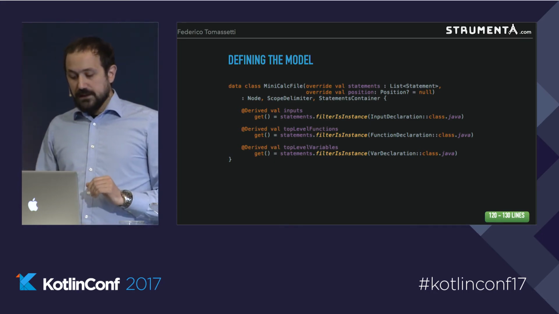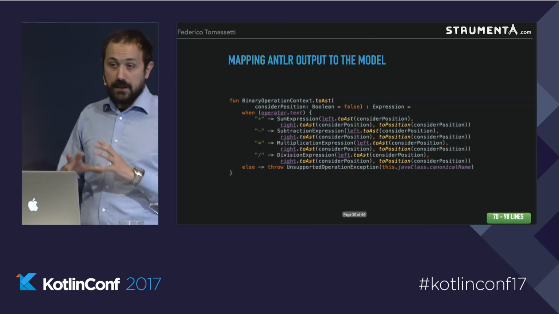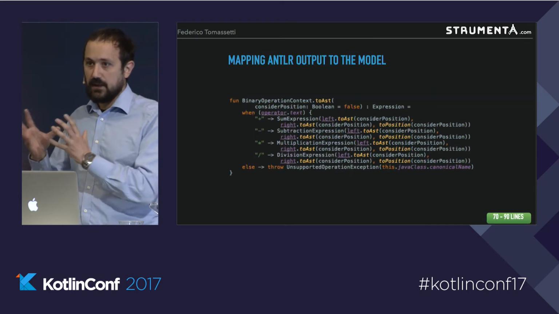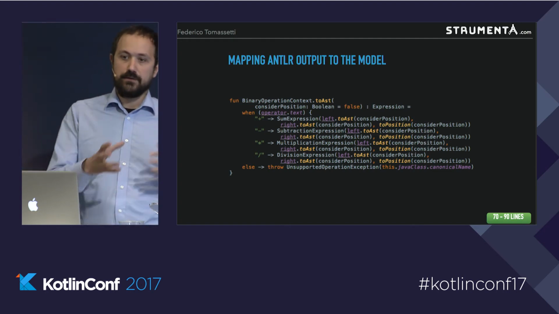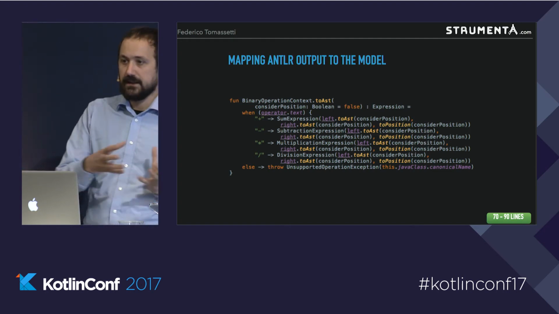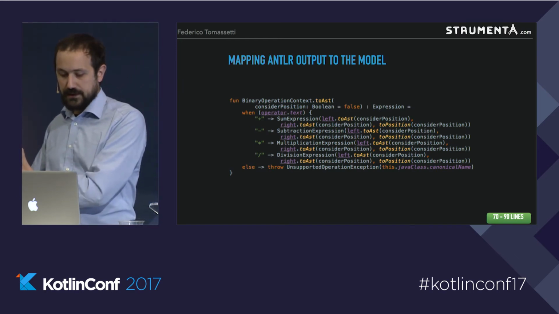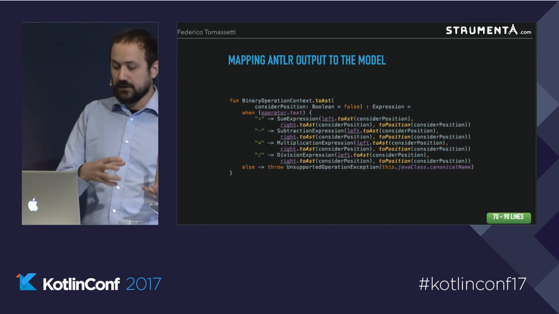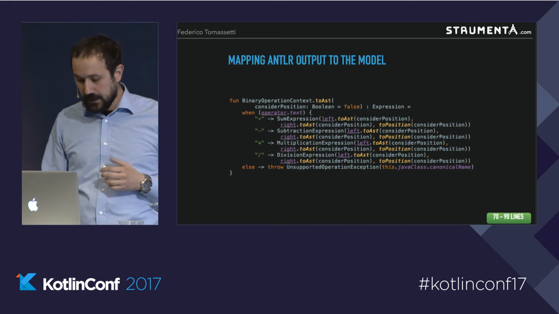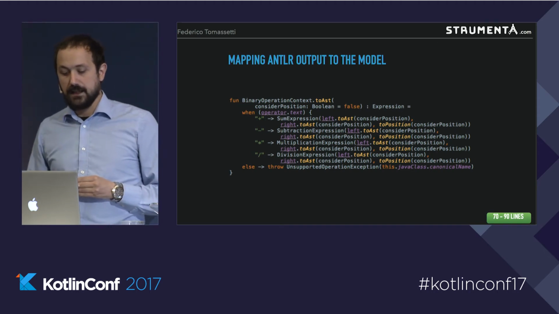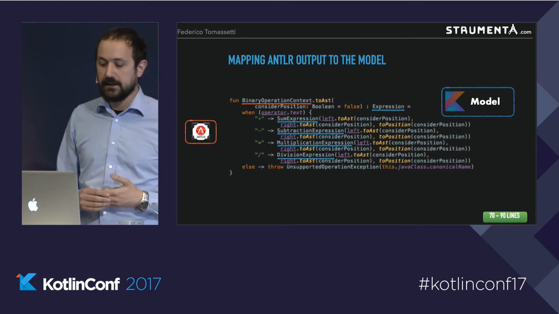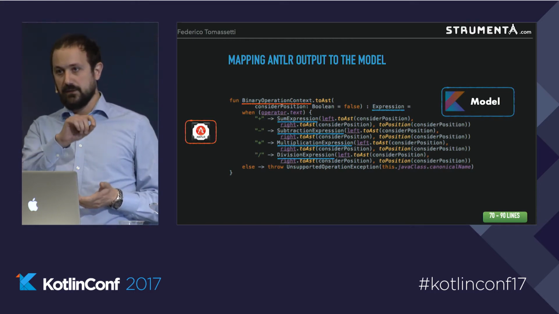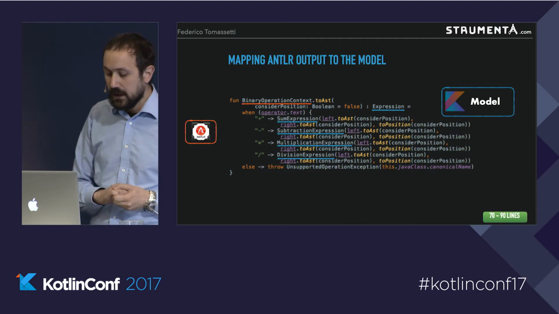Now, once I've expressed the structure of the data that I want by using data classes, I still need to map what I have obtained from the parser into the models that I've just defined. I call this operation mapping. Basically, I typically add extension methods to classes generated by ANTLR, and we can recognize them because they end with the word Context.